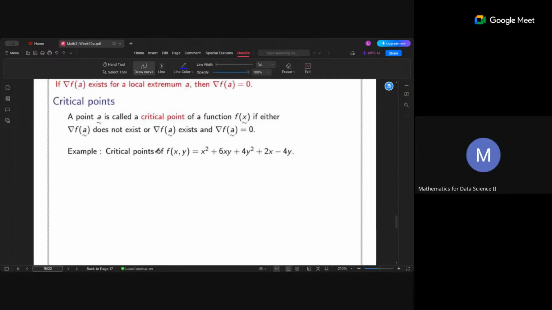Now, to find the critical points, what is the first step? Differentiate first: find del f.